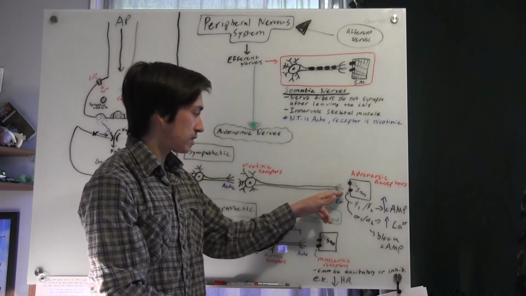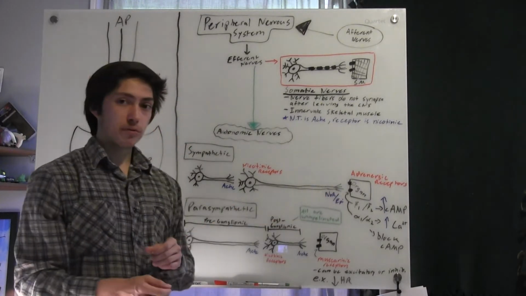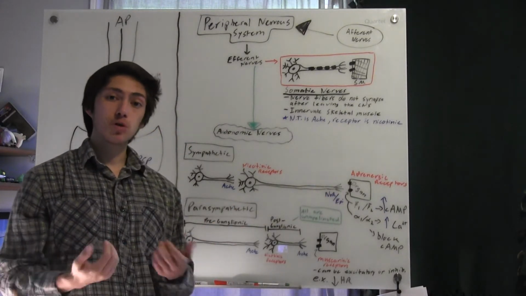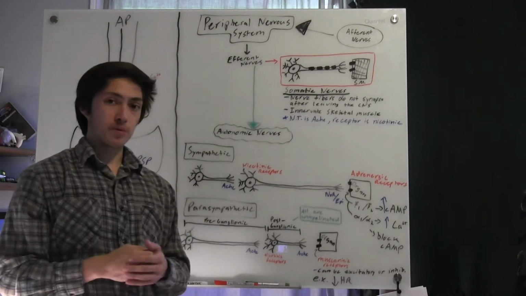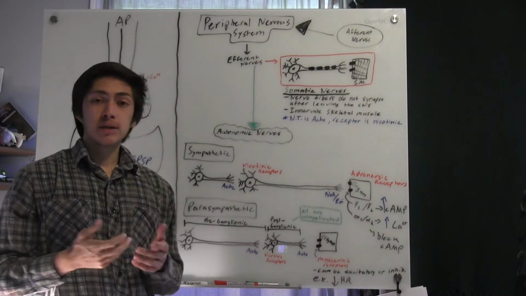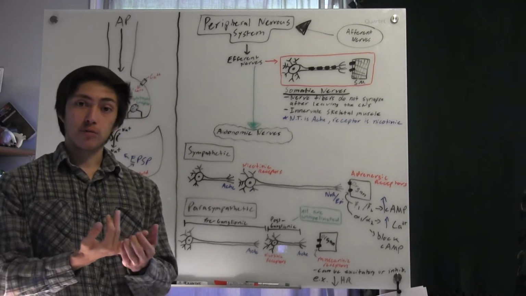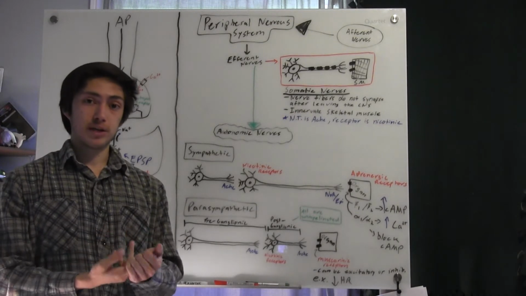And then once we get to the terminal boutons of this axon, we're going to have norepinephrine, epinephrine, or even dopamine used as the neurotransmitter. And these are going to bind to adrenergic receptors. Some examples of adrenergic receptors are alpha-1, alpha-2, and beta-1 and beta-2.